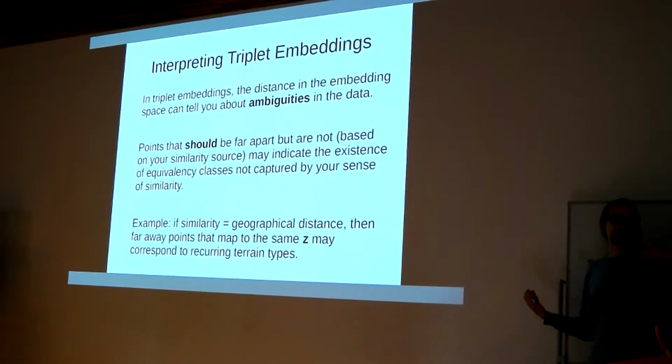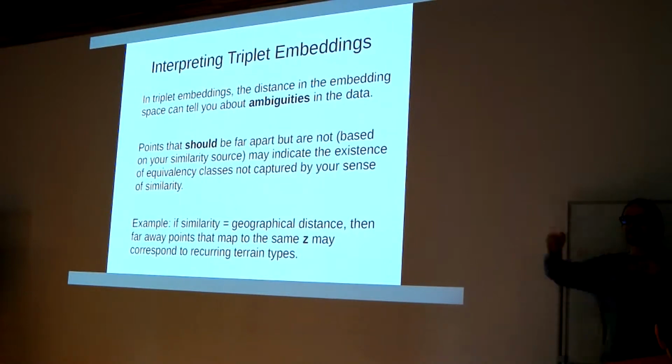But I've got a forest in Brazil and I've got a forest in Japan. And my view of it isn't enough to actually tell the difference between the kind of forests that Brazil has and the kind of forests that Japan has. So I might find that even though these points should be very far away, those clusters are actually kind of fused. And they have some kind of neck or overlap point where that loss is developing a lot of tension.